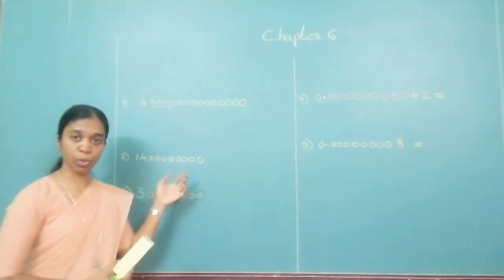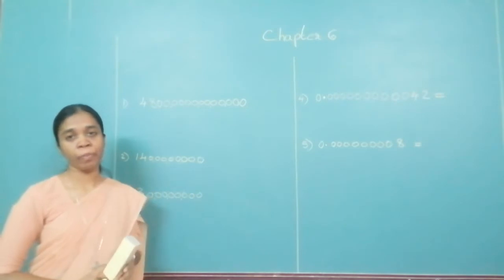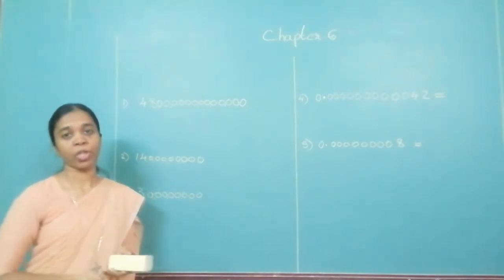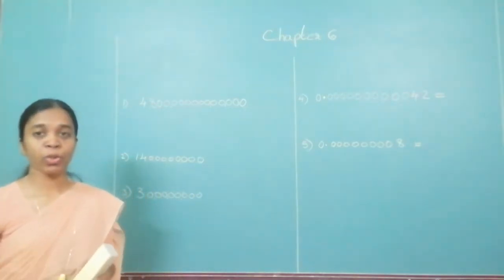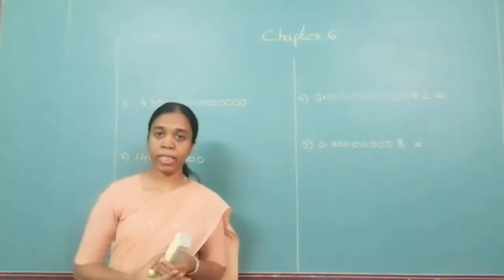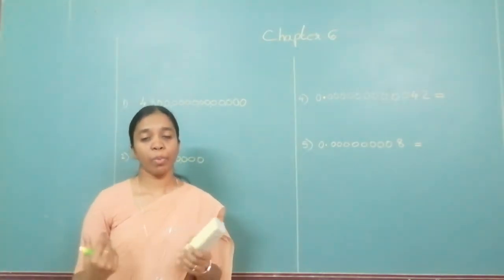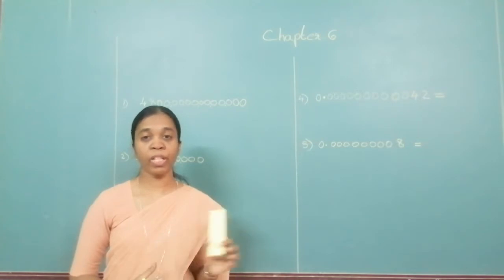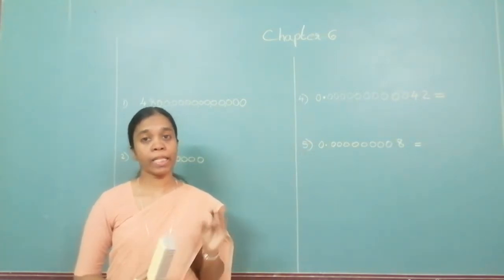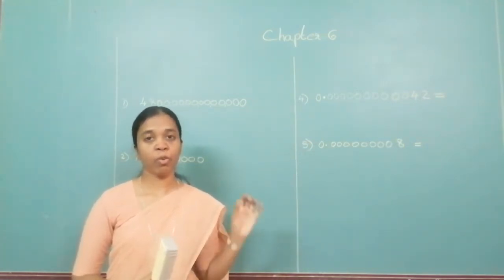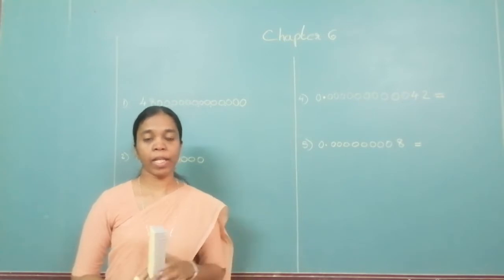When you see the zeros, it is difficult to keep track of how many zeros there are. So in order to make our work easy, and to read them properly so that we do not miss any, we can write it in the standard form, using one digit and writing the rest as a power of 10.